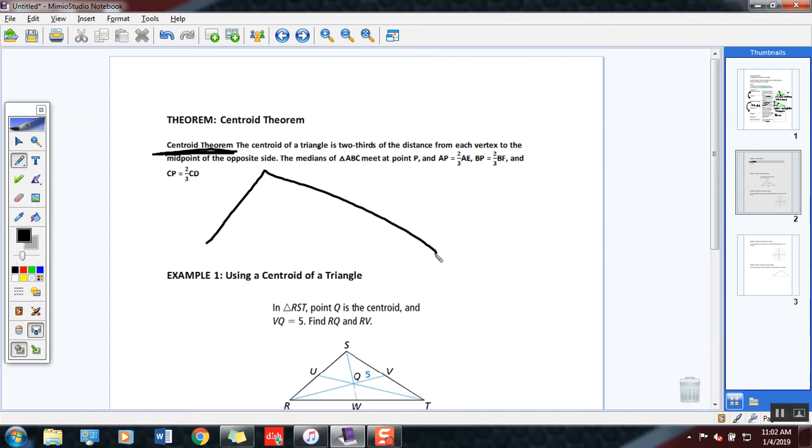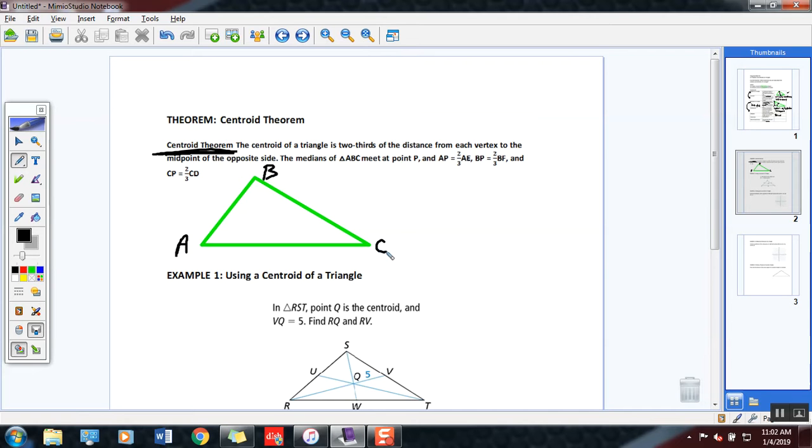Here's A to B to... Oops, didn't want to do that. I wanted to do this. Okay, there's the triangle. Let's label this: triangle ABC. We're going to see how this works, okay? First of all, kids, it says centroid theorem.